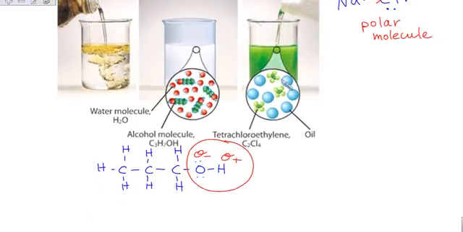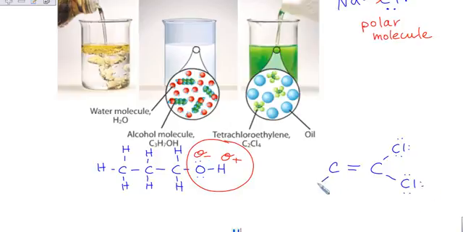And they do give me the formula, so I could sketch a little structure. Tetrachloroethylene has 2 carbons. They're double bonded. And then each will have 2 chlorines, coming off at an angle.